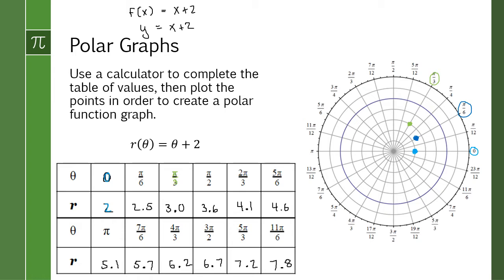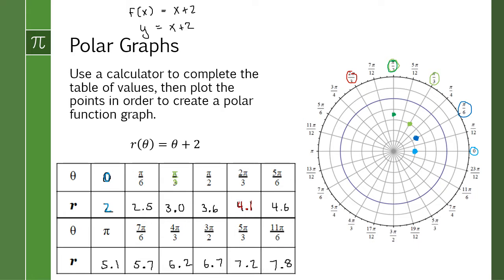And then continuing on around at pi over 2, the radius is 3.6. So 1, 2, 3, and just over a half. At 2 pi over 3, I am now over here, and my radius is 4.1.